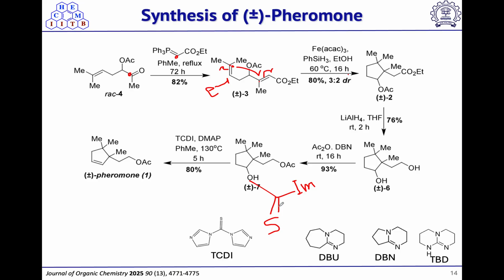This pyrolytic chain elimination will happen. One of the protons will be abstracted, and this CH bond will break, giving the CC bond, and this CO bond will break. Ultimately you will get this double bond, and that is the plus minus pheromone, right?